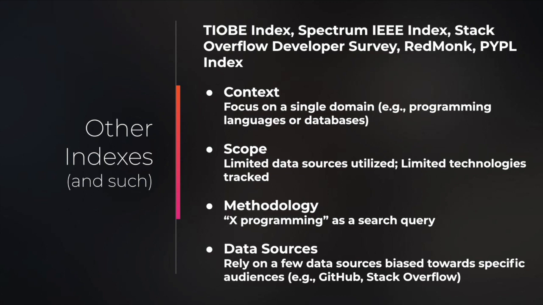Currently, the technology index is a contextual index. So we don't do very well at showing popularity within a domain, like at the front end framework level, and that is something we have known about for a long time and are working on solutions for.